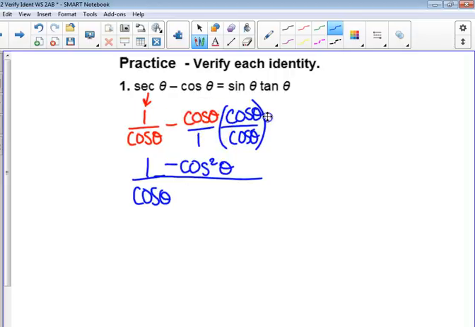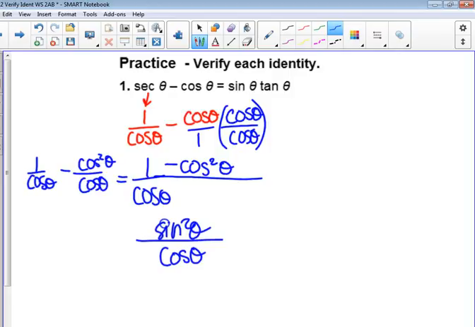It's right now 1 minus cosine squared. Do I need to keep writing separate steps? Or are we okay? You could have put a step in there that said 1 over cosine minus cosine squared over cosine. Then written this step, but I'm okay if you just write it with the common denominator right away. All right, what is 1 minus cosine squared over cosine? Now, you need to show me how that becomes sine times tangent.